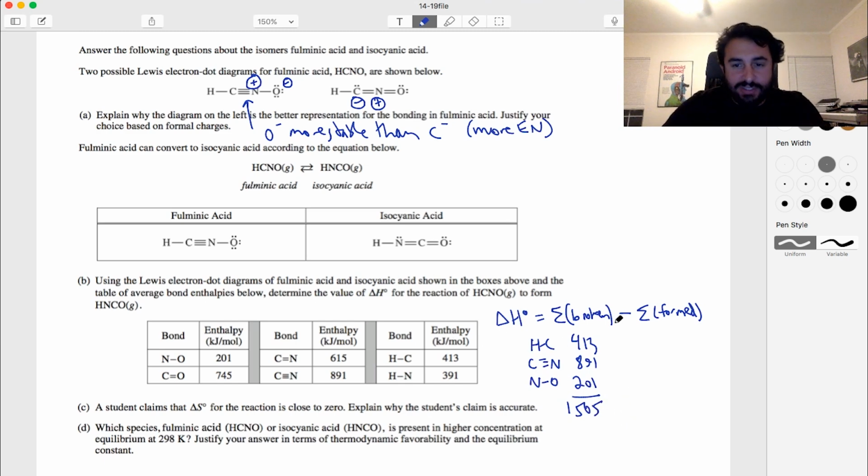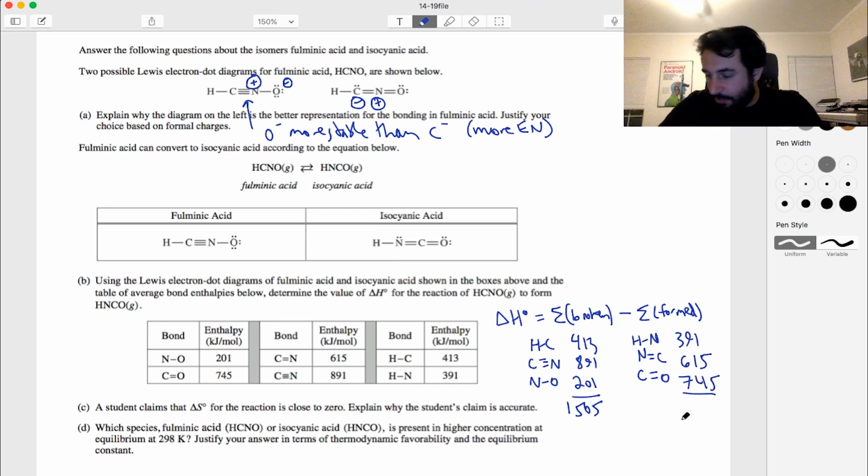Now, what are the ones that are formed? We're getting an H-N bond, and that is 391. We've got N double bond C, that's 615. And we've got C double bond O, 745.